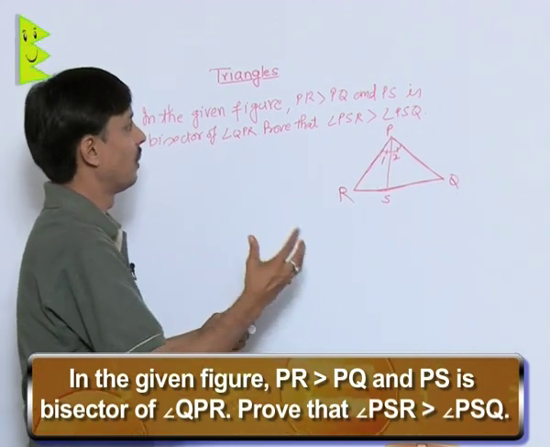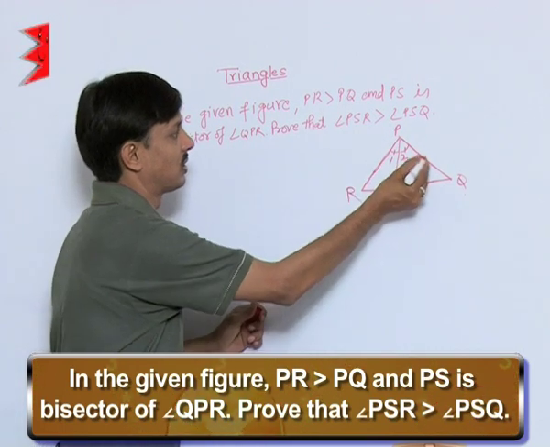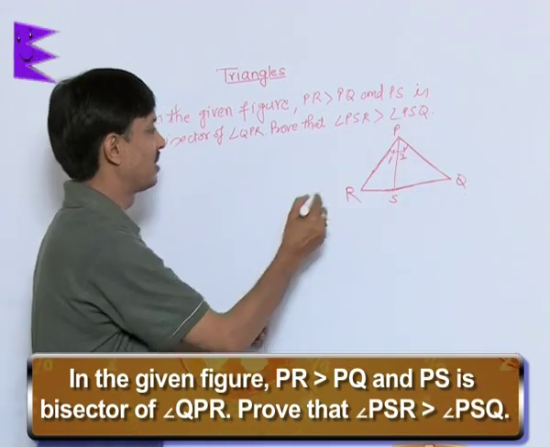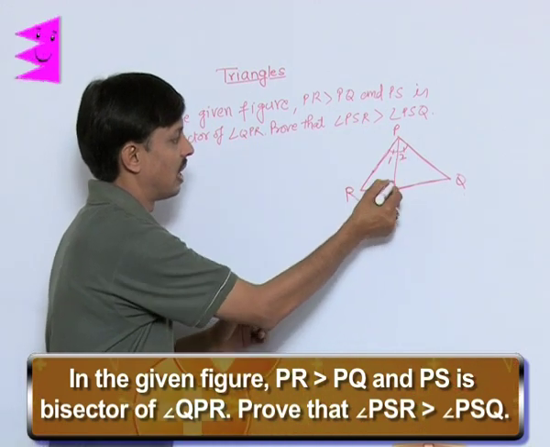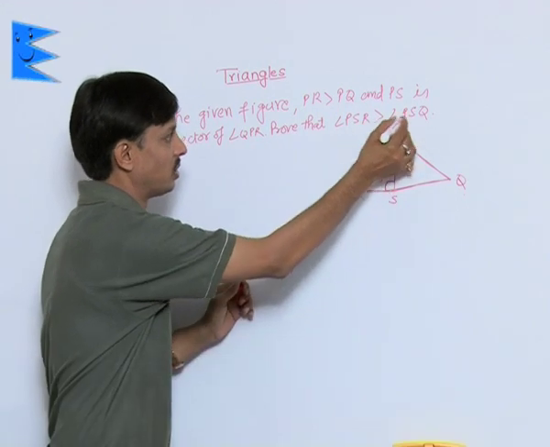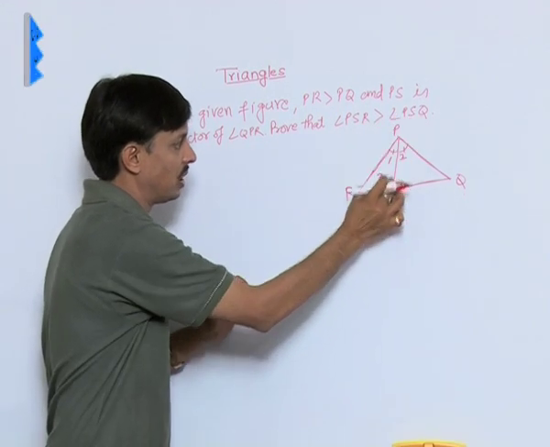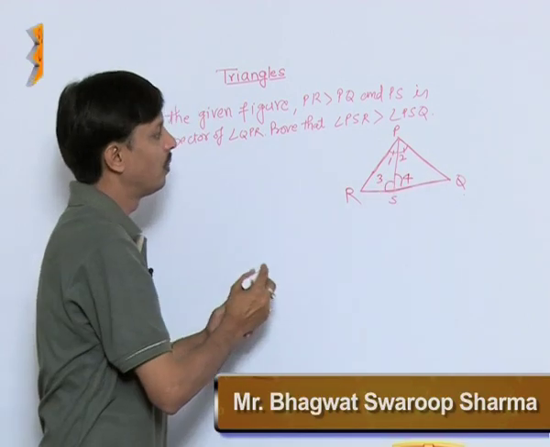PS bisects the angle P, then prove that angle PSR, suppose 3, is greater than angle PSQ, suppose indicated by 4.